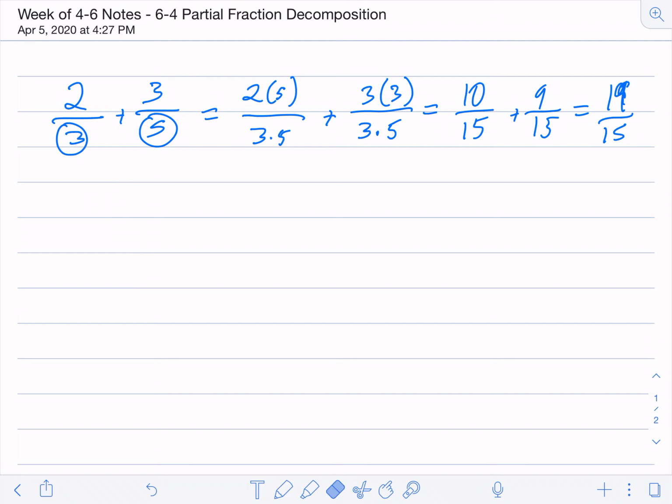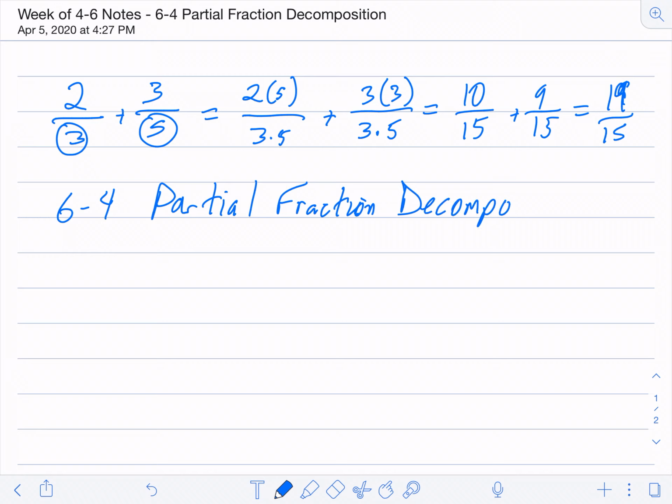What we're going to do today, as I said, we are covering section 6.4, and this is called partial fraction decomposition. So what we're going to do here is go backwards.